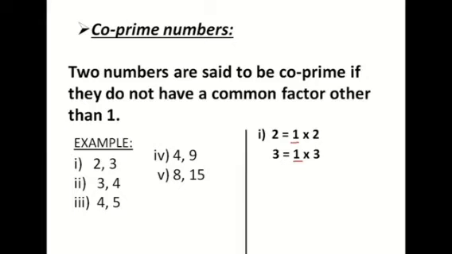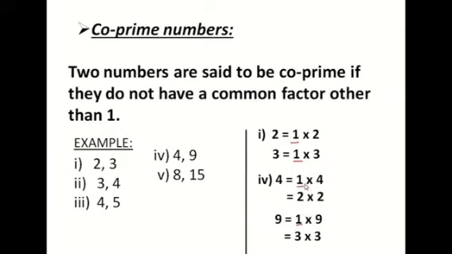Let's go for one more. I have taken as the fourth one, 4 and 9. For 4, I can factorize like 1 4s are 4, 2 2s are 4. And for 9, 1 9s are 9, 3 3s are 9. So what is the common factor here?